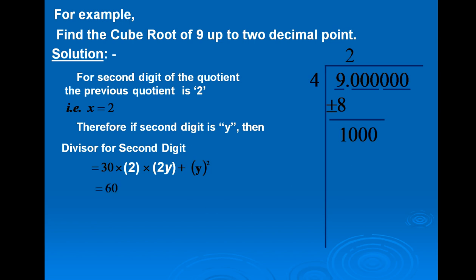So that is 30 into 2 is 60, 60 multiplied by 2y plus y square. Now let y be 1.